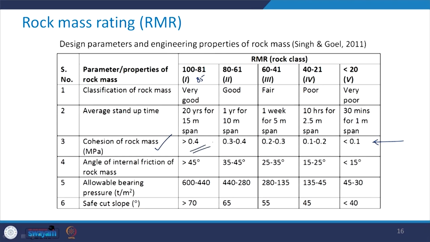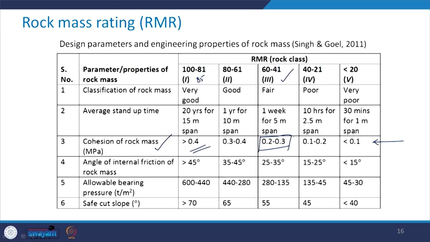Say it is 55. So, 55 will lie in this range, and for the cohesion of the rock mass, you can get the idea that it is between 0.2 to 0.3. So, this way rock mass rating is helpful in getting some idea about the cohesion of the rock mass.